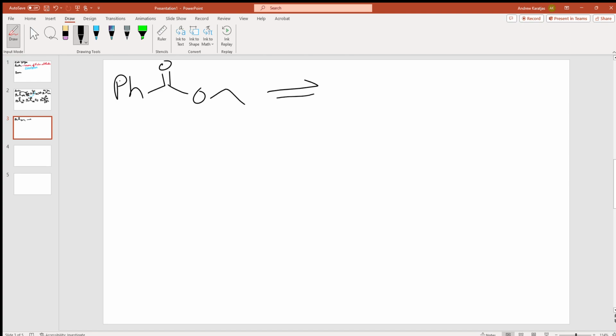So under basic conditions, we're using hydroxide. And since we have hydroxide, which is certainly a stronger nucleophile than water, we don't need to activate the carbonyl. The hydroxide will add directly.